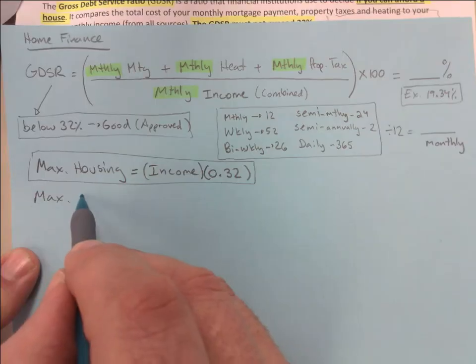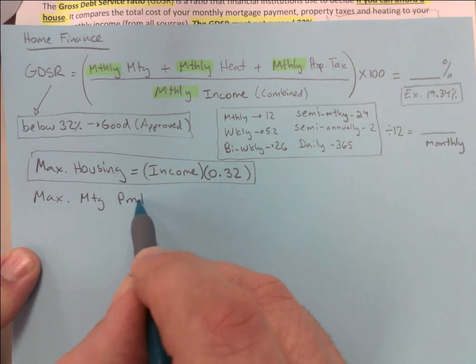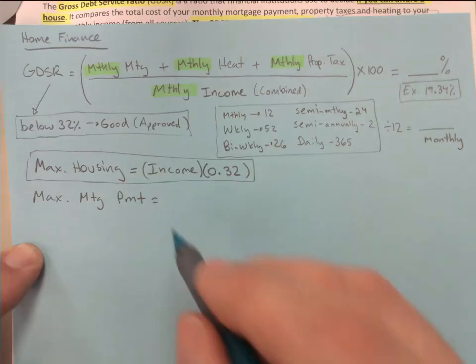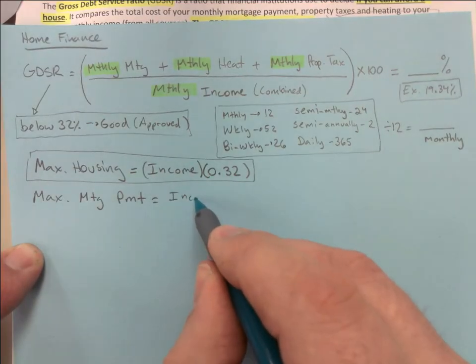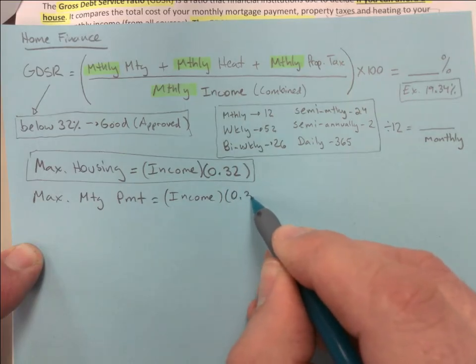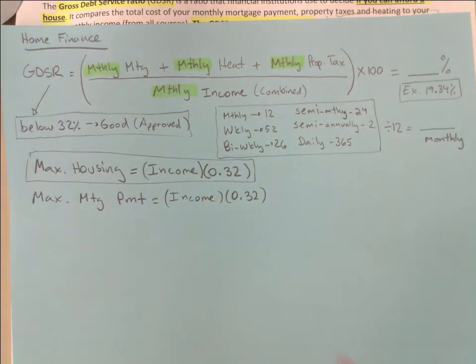Maximum mortgage payment. This is the maximum someone can be paying on the house alone. You take the income, you multiply it by 0.32, and then you subtract two items.